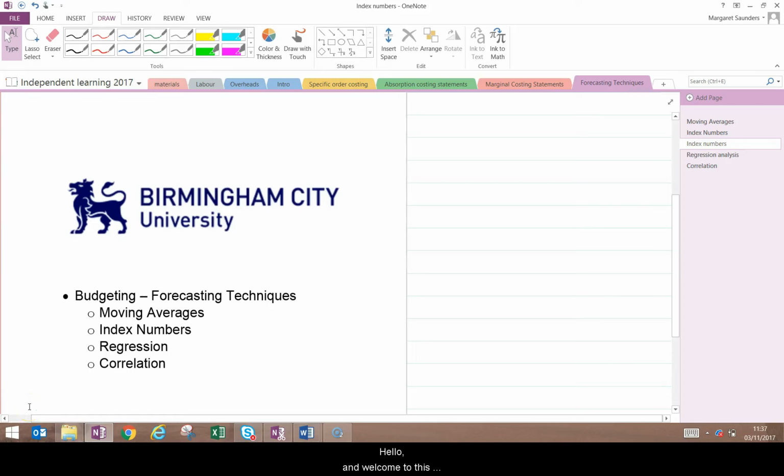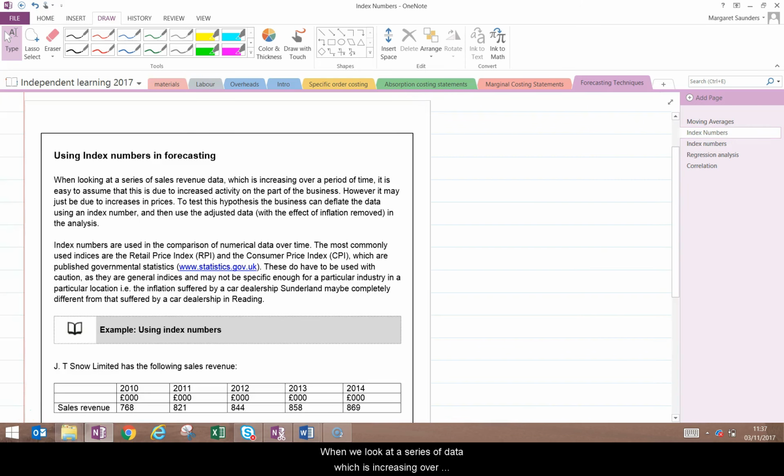Hello and welcome to this recording in which we will be looking at how we can use index numbers as part of our forecasting techniques. When we look at a series of data which is increasing over a period of time, for example our sales data, we would easily assume that that increase in sales is due to increased activity on the part of the business.